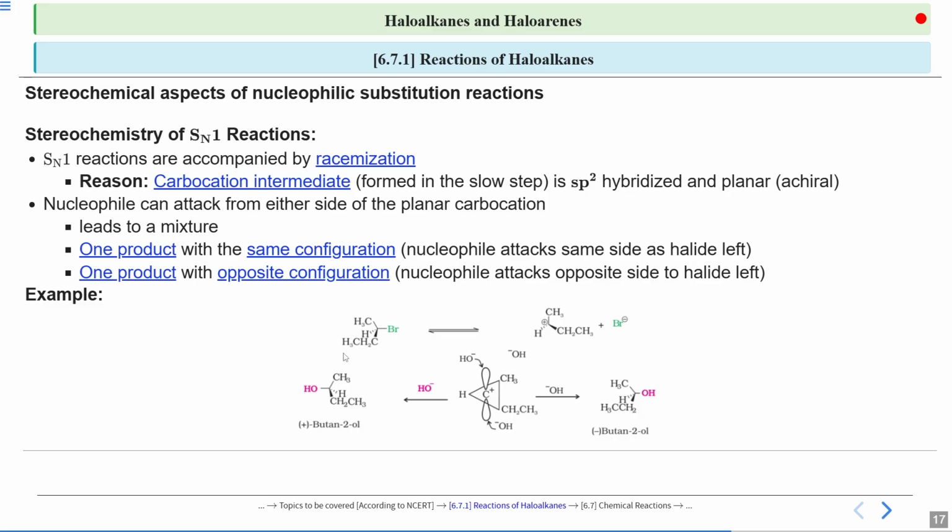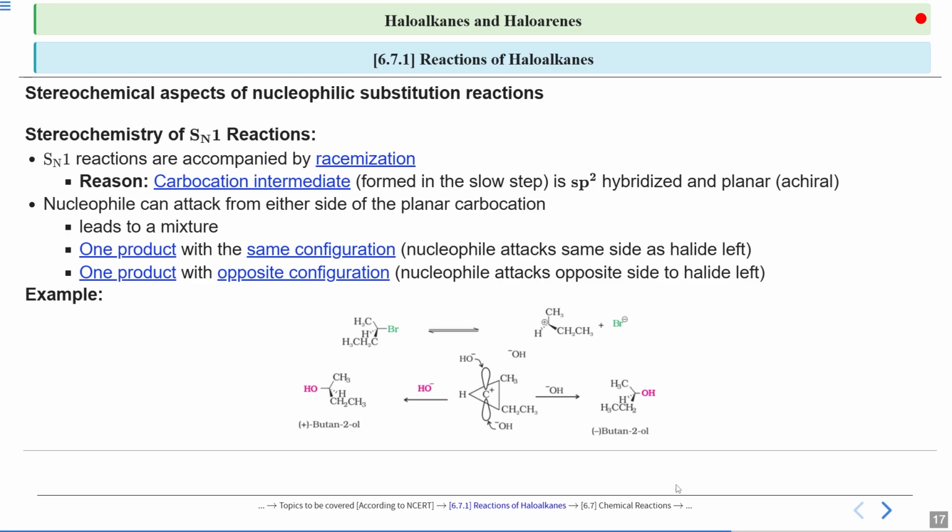So one product we get is of opposite configuration. The other product is of the same configuration as the reactant. Why? Because in this case, the nucleophile has attacked the same side from which the halogen is leaving, so you get a product whose configuration is the same as the reactant.